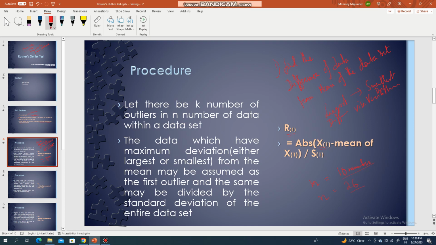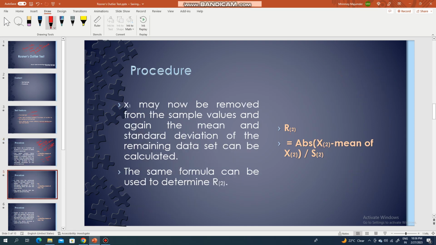Next, you will calculate R2. R2 uses the data point with the second largest difference from the mean, x2. Here also it is the same thing, the absolute value of x2 minus mean of x2, divided by the standard deviation of x2, but here is a catch: you have to remove x1 from this data set and recalculate the mean.